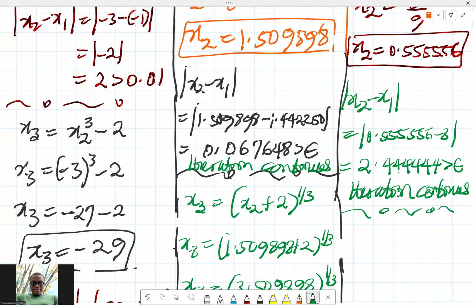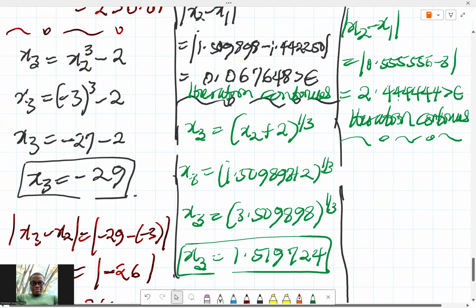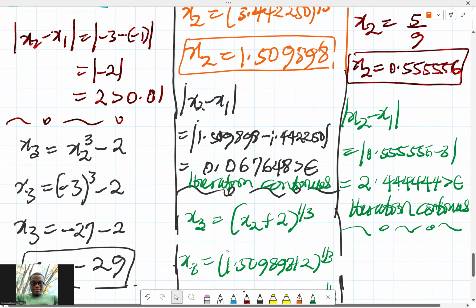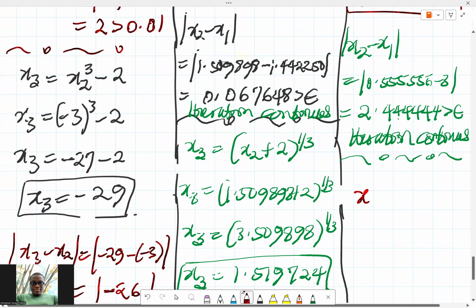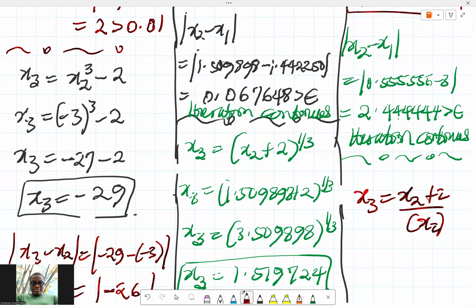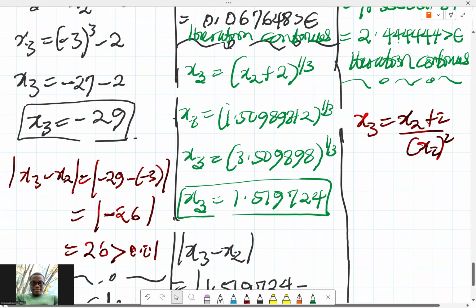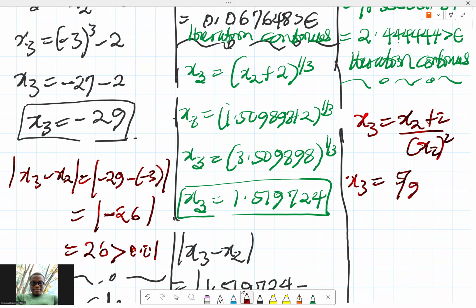Okay, so we go again for the next one, which is x3. Again, we know x3 would be x2 plus 2 all over x2 squared. Of course, we already know x2 is 5 over 9, or 0.555556, plus 2 all over 5 over 9 squared.